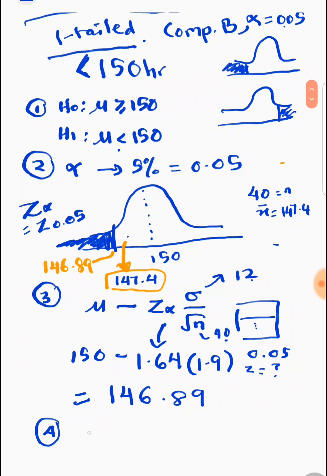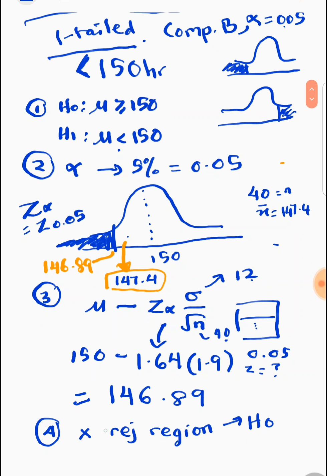Since it doesn't lie in your rejection region, do you remember what that would be? Is your H naught accepted or rejected?